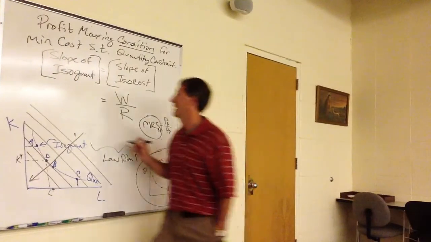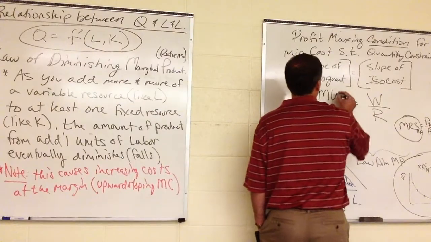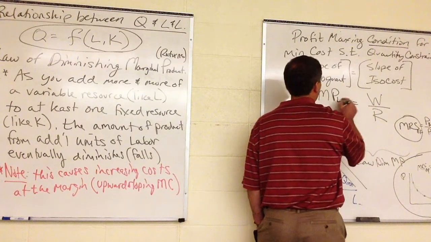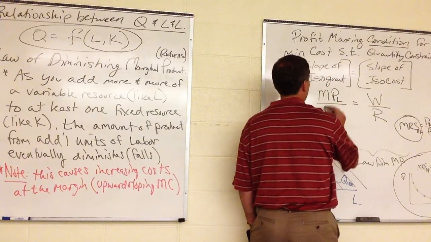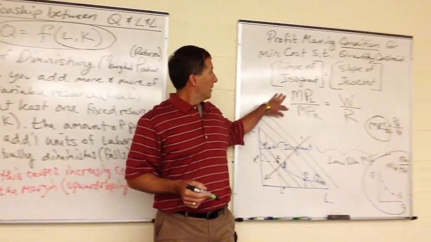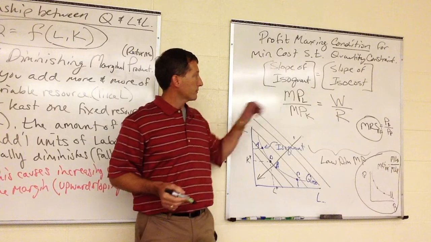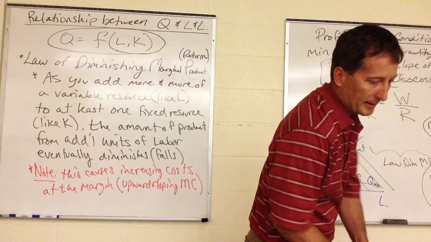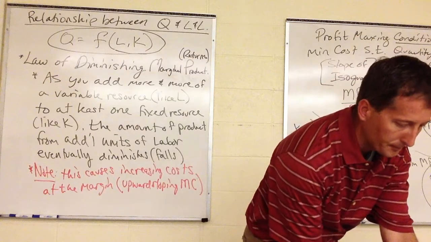The ratio of the marginal products. So we take the marginal product of labor over the marginal product of capital. All right, so now we're on to something.